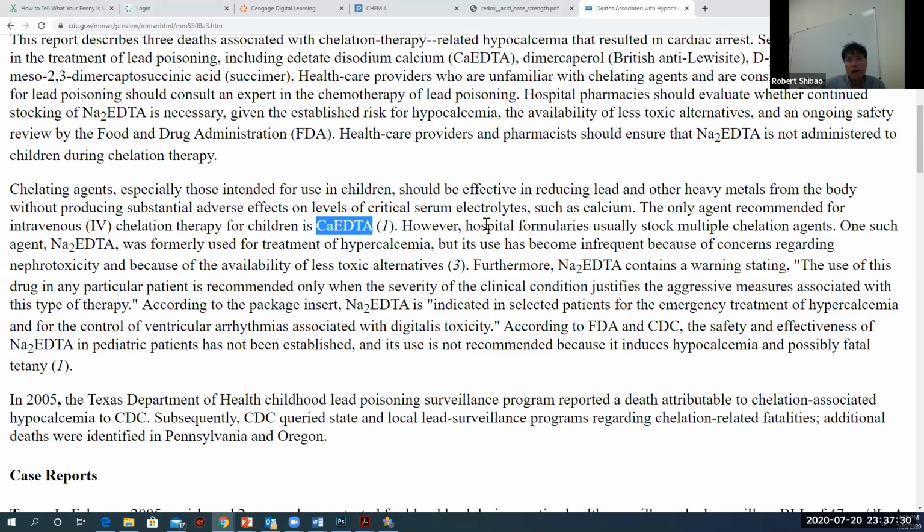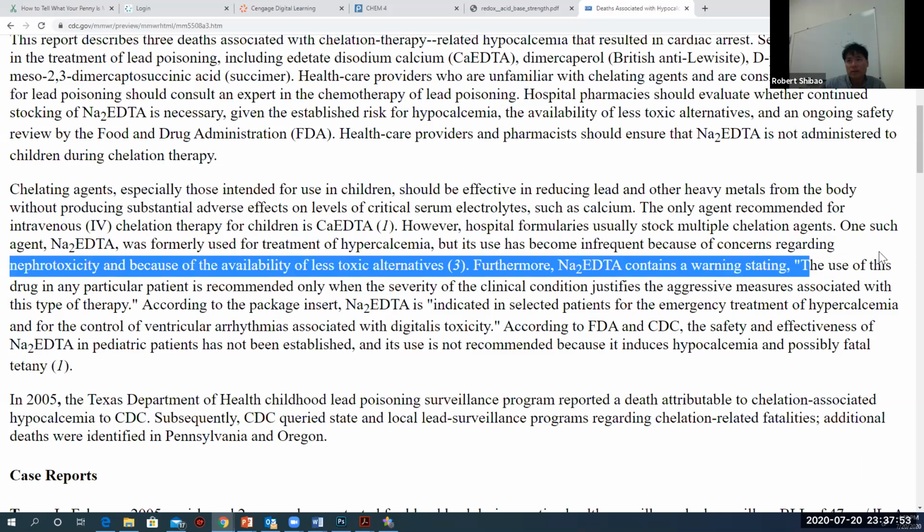However, hospital formularies usually stock multiple chelating agents. Sodium EDTA was for more acute, toxic levels, more urgent, where you have to bring it down rapidly, versus calcium. So they had the aggressive form, sodium EDTA.